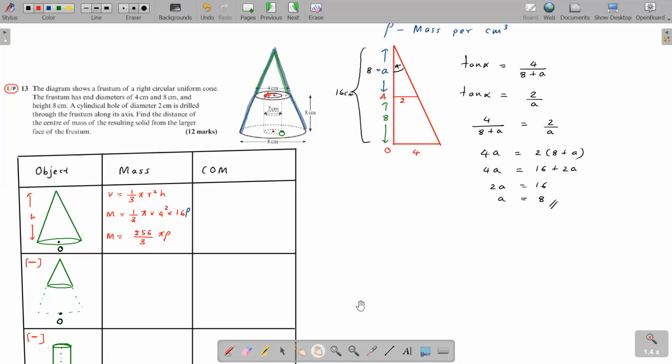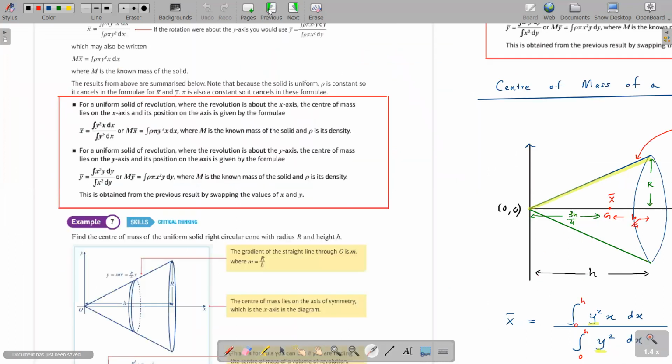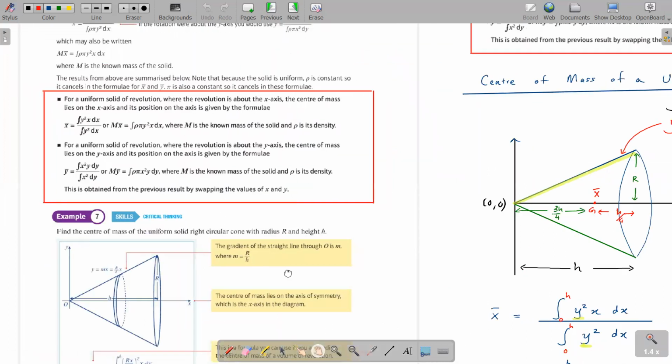And then when it comes to the center of mass of a cone, in a question like this you are directly allowed to use the formula, unless they ask you to prove the equation of the cone as 3h over 4. So that also we've done, right? Here we've done this. Can you see?